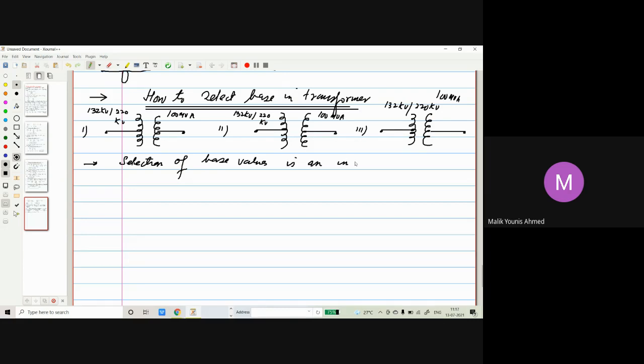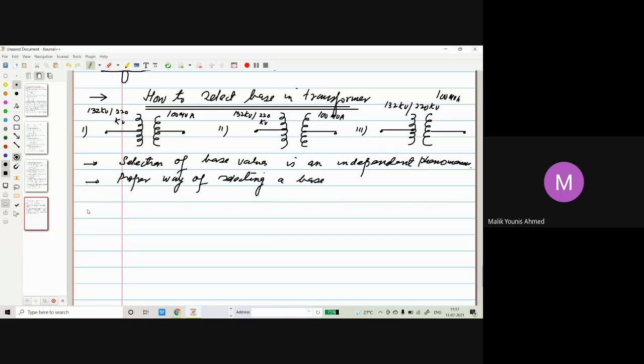So that's not dependent on anything. Okay, number one. What is the proper way of selecting a base? That we'll see. Proper way of selecting a base in case of a transformer.